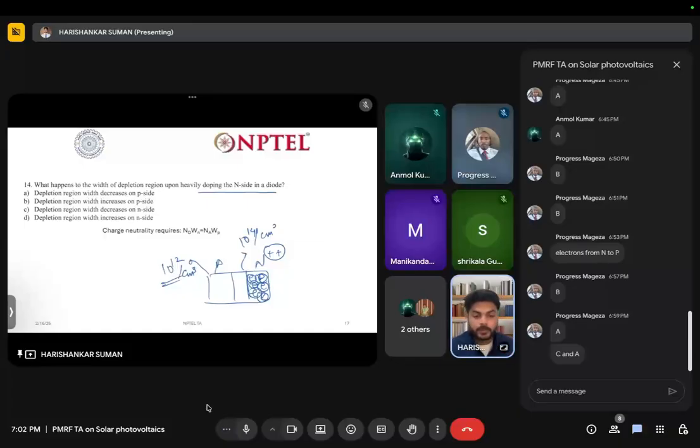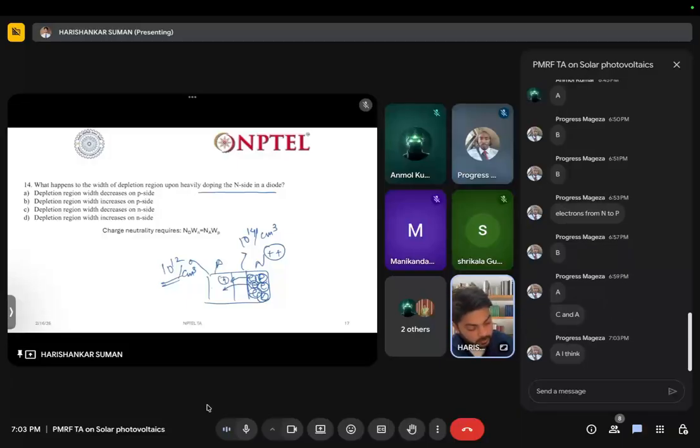Yes, please. Now let's say this electron goes to this side and recombines with a hole. For the other electrons, let's say holes are very few. So these electrons recombine with the holes, too much recombination, so more recombination on the P side.